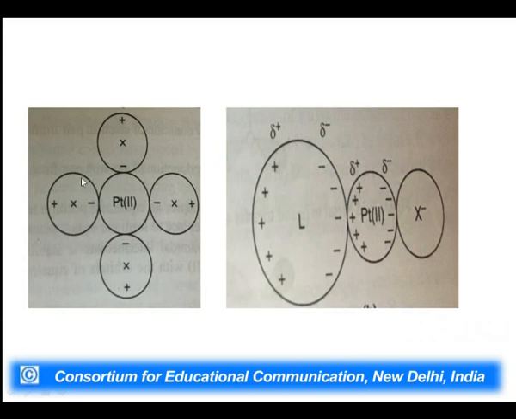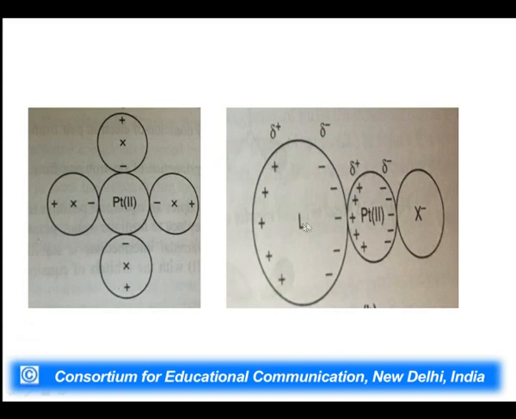But when one of these X is replaced by another ligand L which is more polarizable, that means the electron cloud of this ligand can be distorted more easily. Platinum being in the 2+ oxidation state is positively charged, so it will attract the electron cloud of this ligand L towards itself.